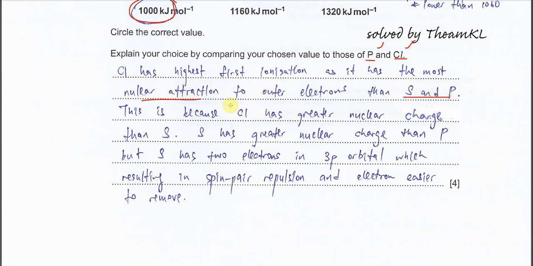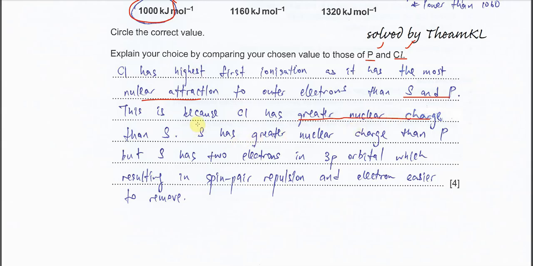Why does it have the greatest nuclear attraction among these three? Because chlorine has the greatest nuclear charge among these three. So this is the explanation for the highest first IE of chlorine among these three, because of the greater nuclear charge.